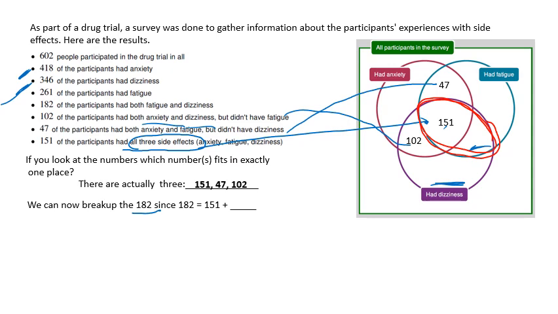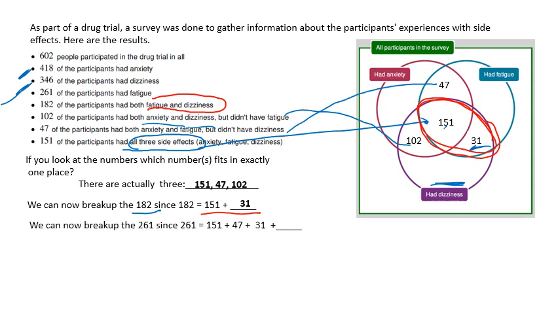Be careful with respect to what they're saying. This statement says nothing about anxiety. You may or may not have it. So we know those that have fatigue and dizziness fall in here. We're only missing one region. And so the 151 plus the missing number adds up to 182, and that is 31.